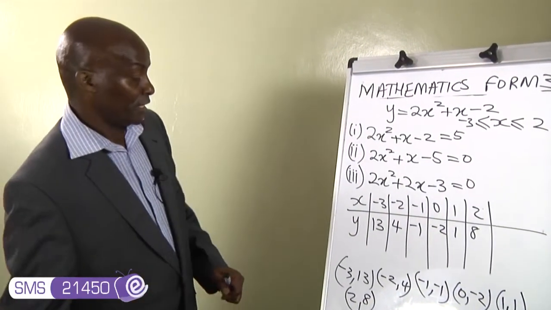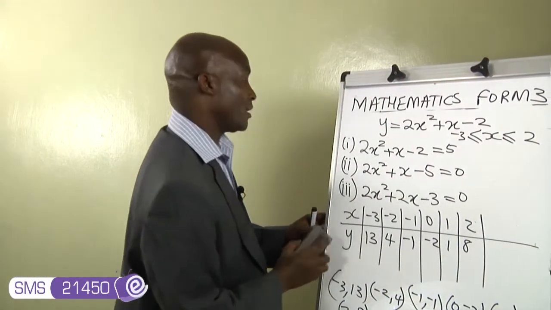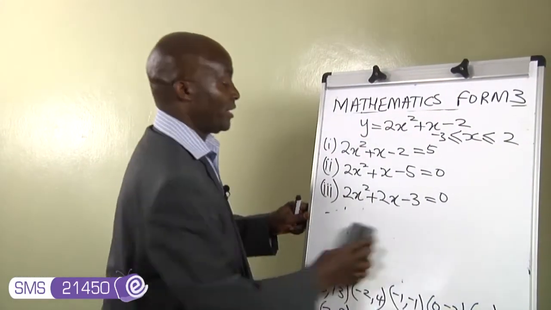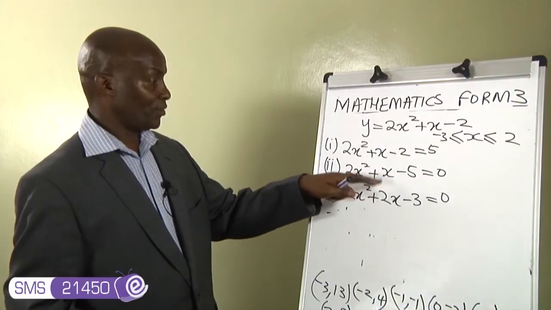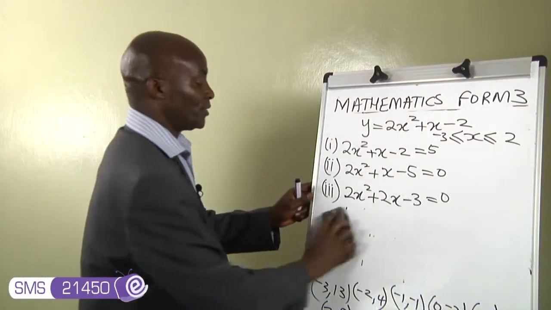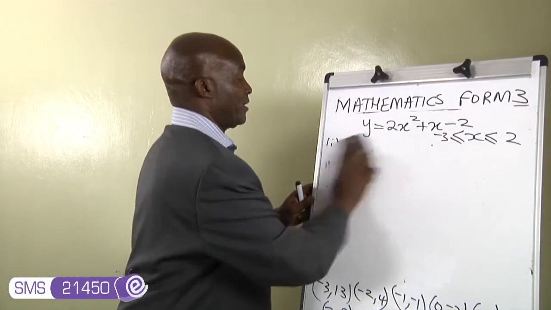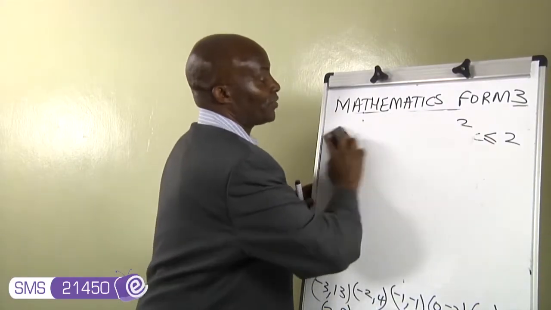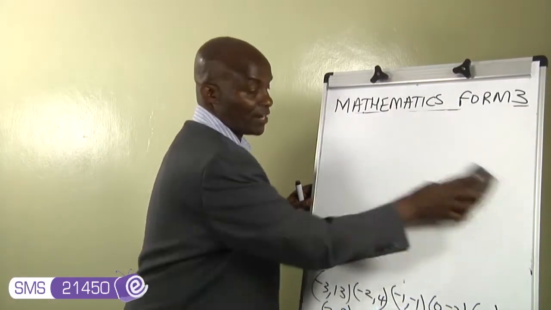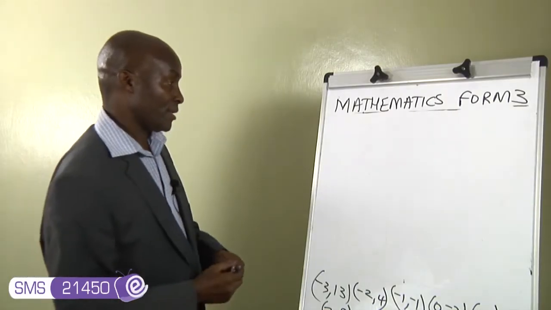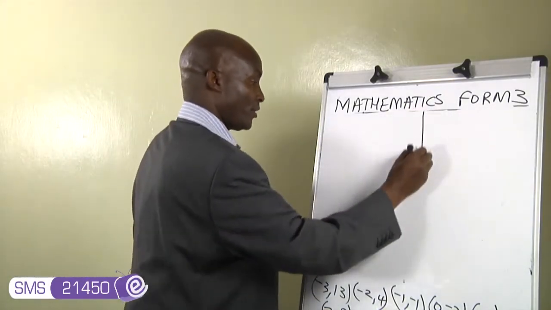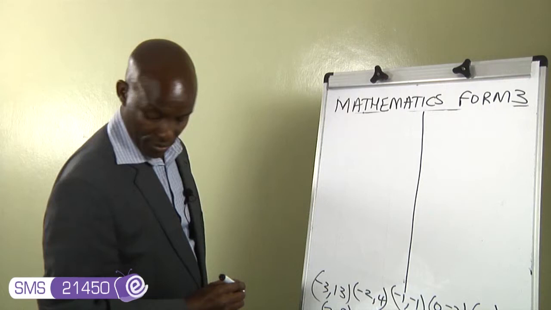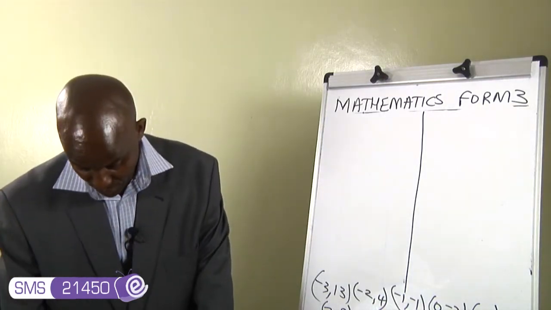I have written this for you so that you can write it down. You know what we are solving. I'll remove it so that we can have space for drawing the graph. Now here goes the graph that we are supposed to draw.